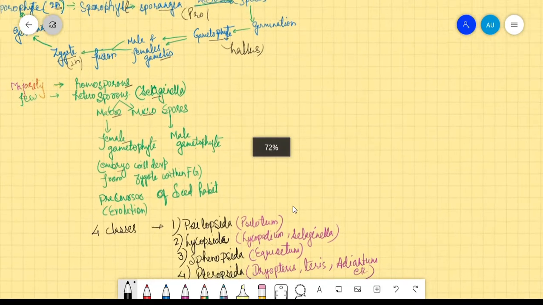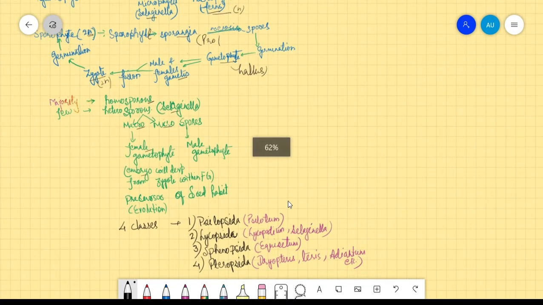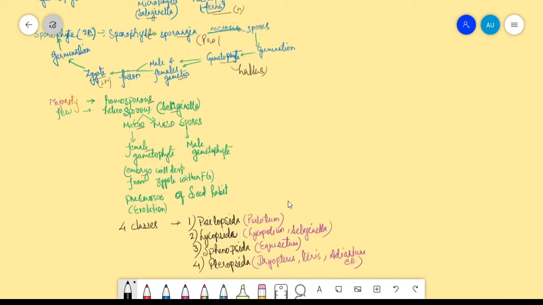Now, Pteridophyta are classified into 4 classes. Number one class is Psilopsida, where P is silent, and an example is Psilotum. The second class is Lycopsida, having 2 examples, that is Lycopodium and Selaginella.